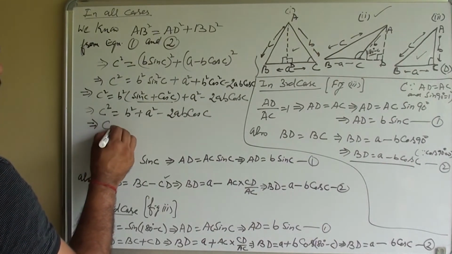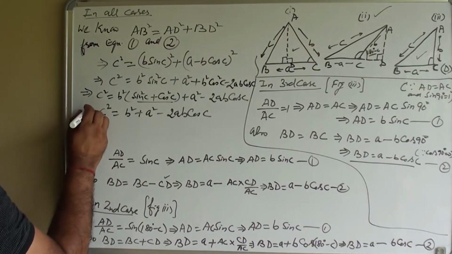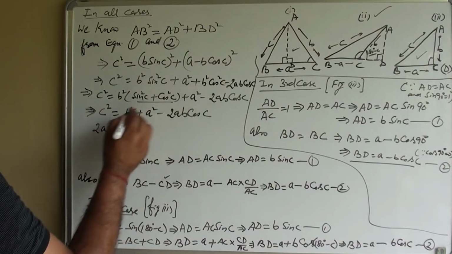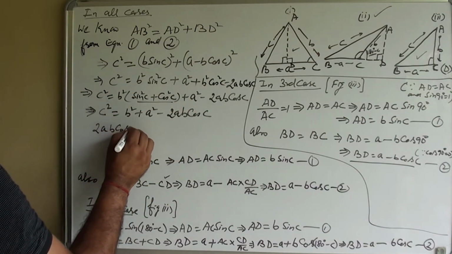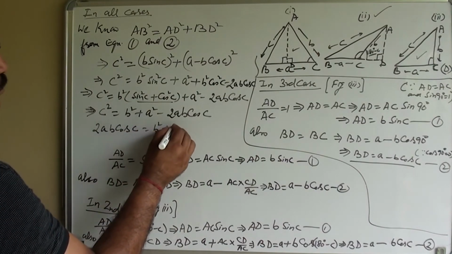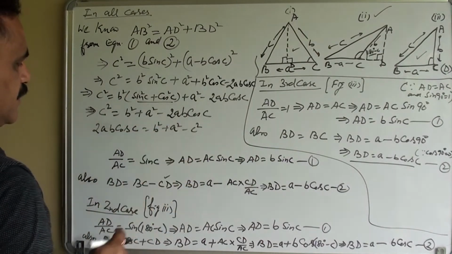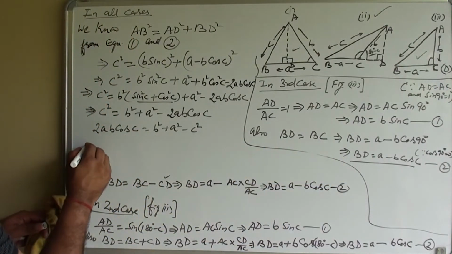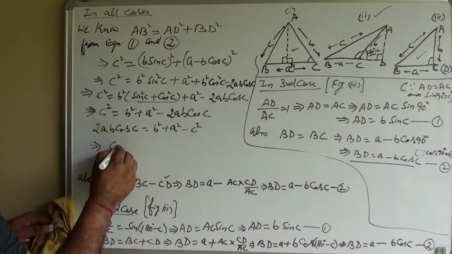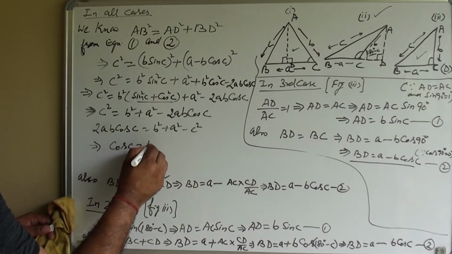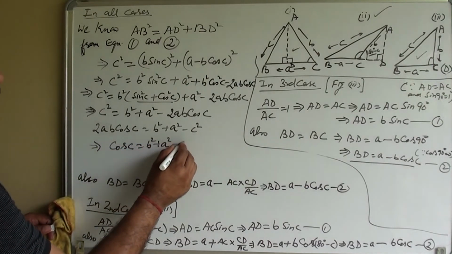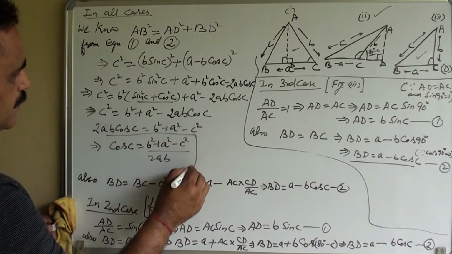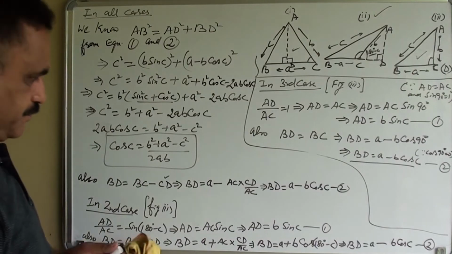So this implies transpose this term to left side. ये हमारा वहां नेगेटिव था, यहाँ पॉजिटिव हो गया. 2AB cos of C is equal to B square plus A square minus C square. So cos of C is equal to B square plus A square minus C square by 2AB.